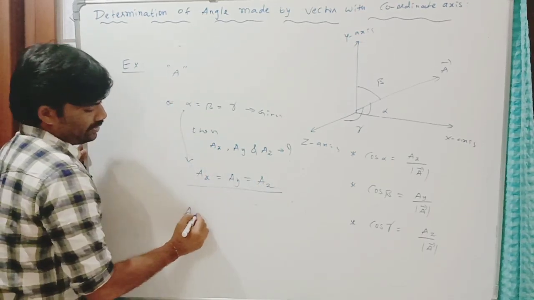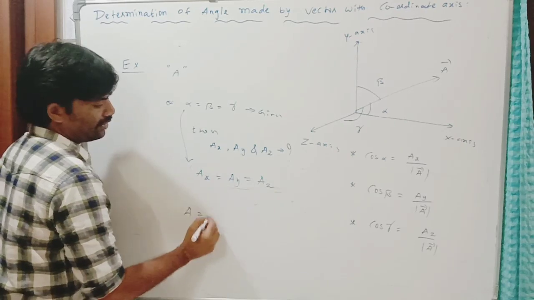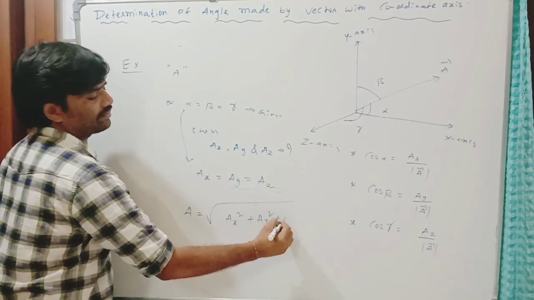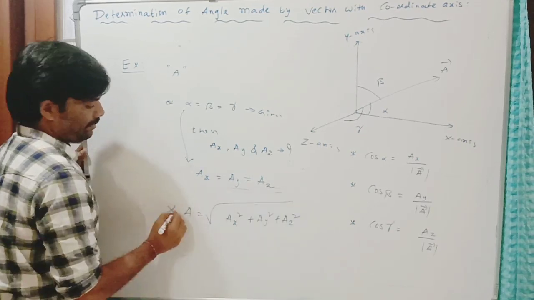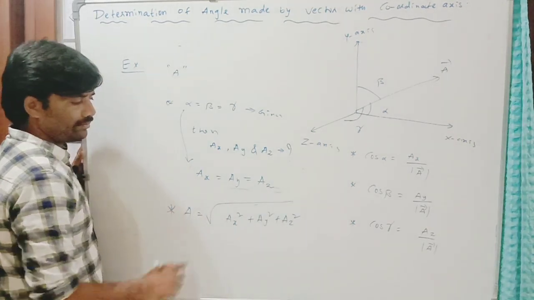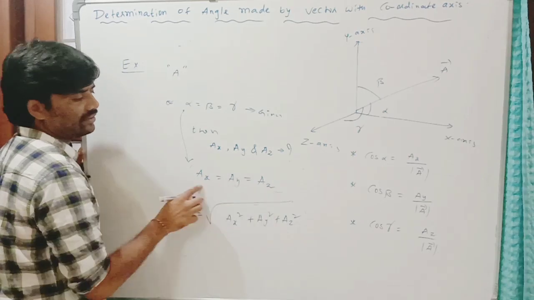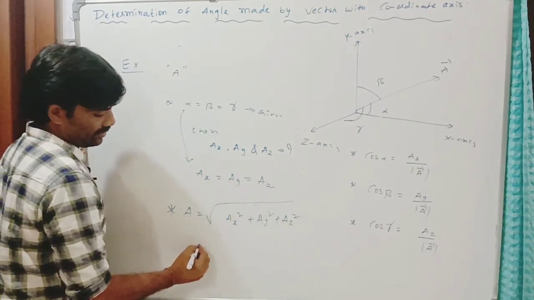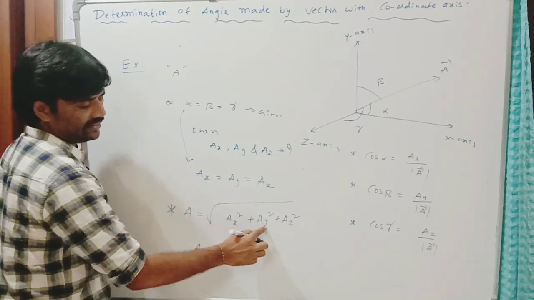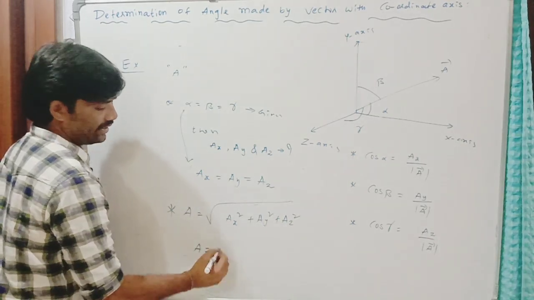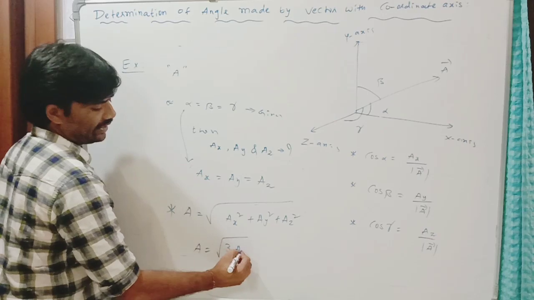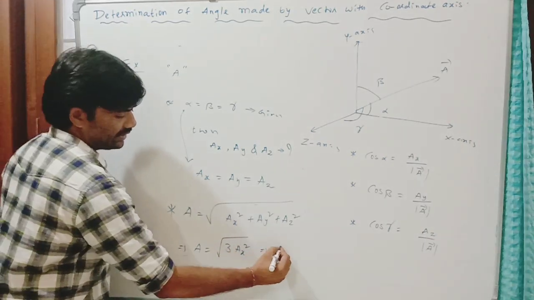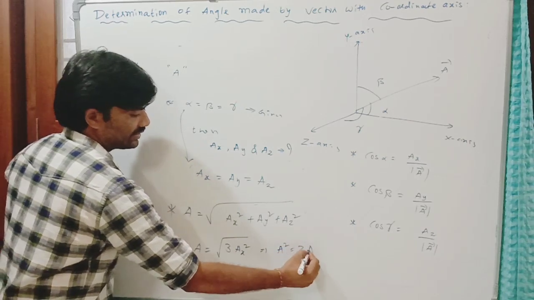Then magnitude of this vector is under root of ax square plus ay square plus az square. This is the formula for magnitude of a vector. But here these three components are equal, so substitute: this is ax, this is also ax, ax. It gives root of 3 ax square. Squaring on both sides, a square is equal to 3 ax square.